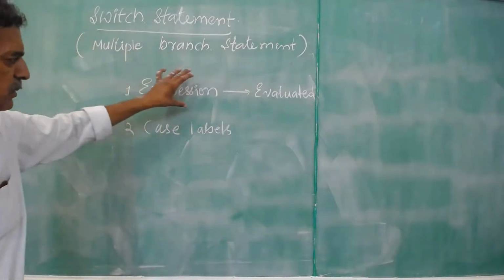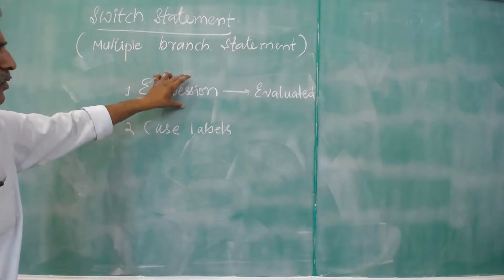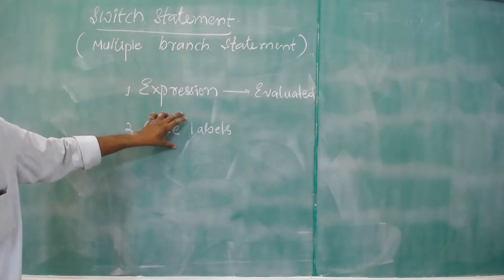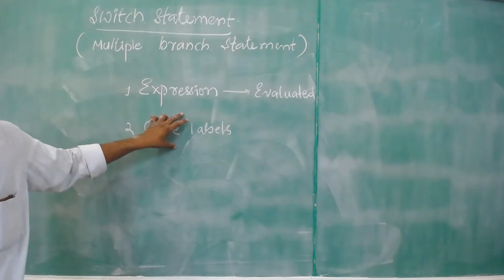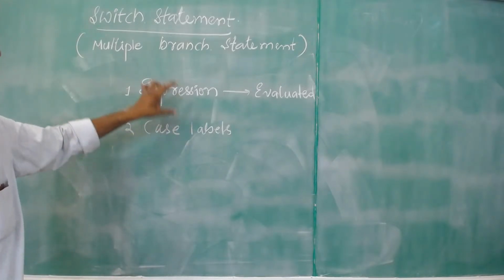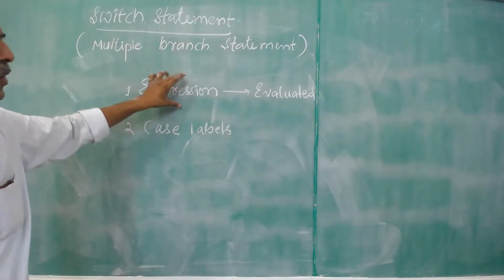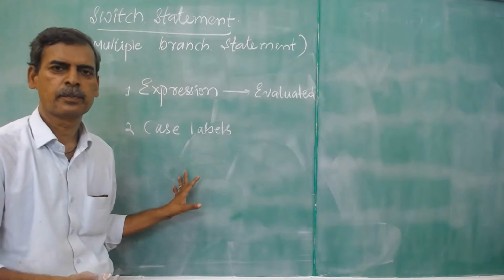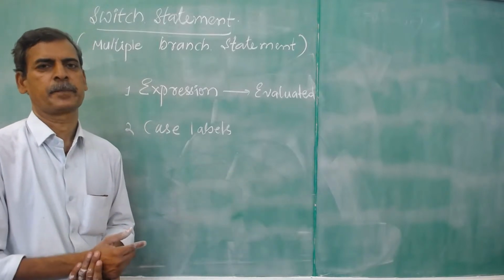Value of the expression is compared with the case labels. If value of expression matches with the value of case label, then statements in that block are executed. Then the value of expression is compared with second case label, third case label. Wherever the match is found, the statements in that block are executed.